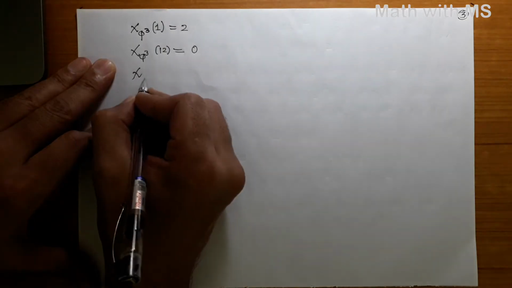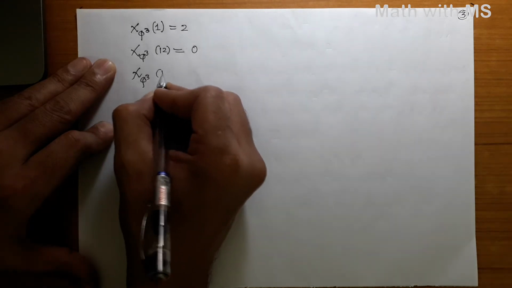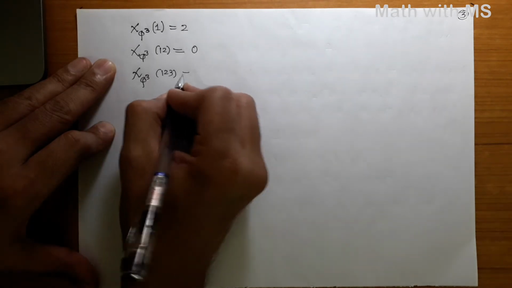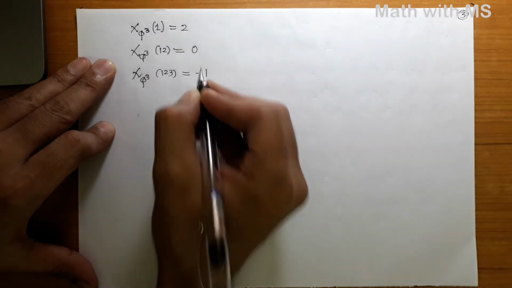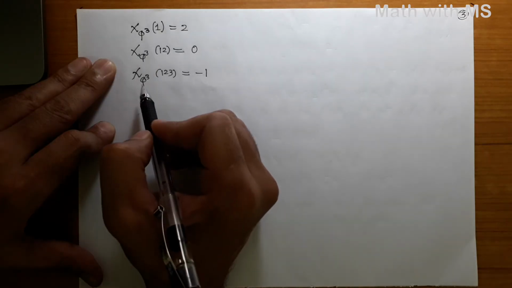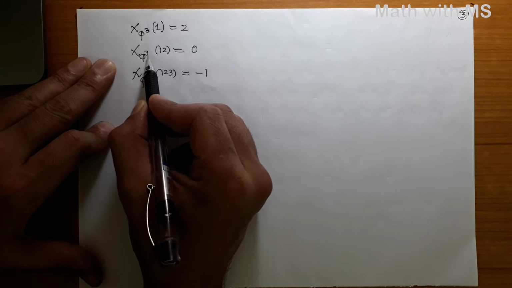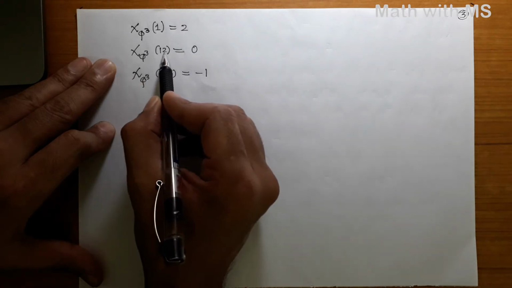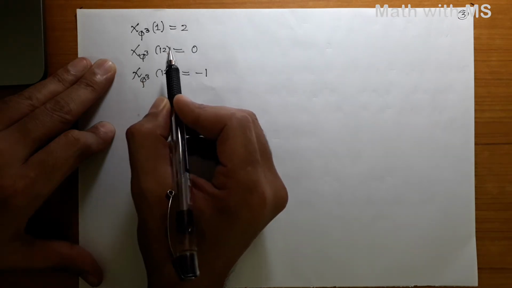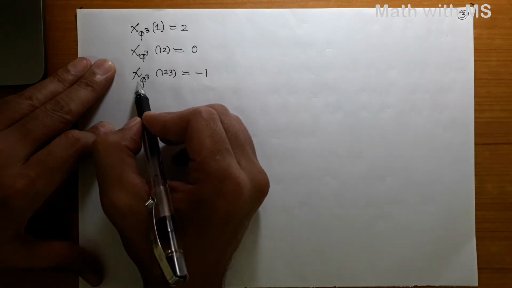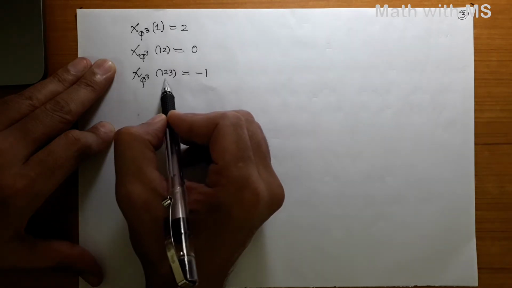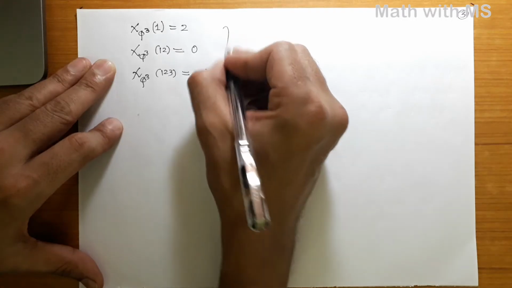And chi of phi 3 acting on the 3 cycle 1 2 3 is a trace, in this case -1, and that's enough because characters are class preserving functions. So chi of phi 3 will have the same value on each conjugate of 1 2, that is 2 3 and 1 3. Similarly, chi of phi 3 will have the same value on each conjugate of 1 2 3, which is 1 3 2, which is -1.